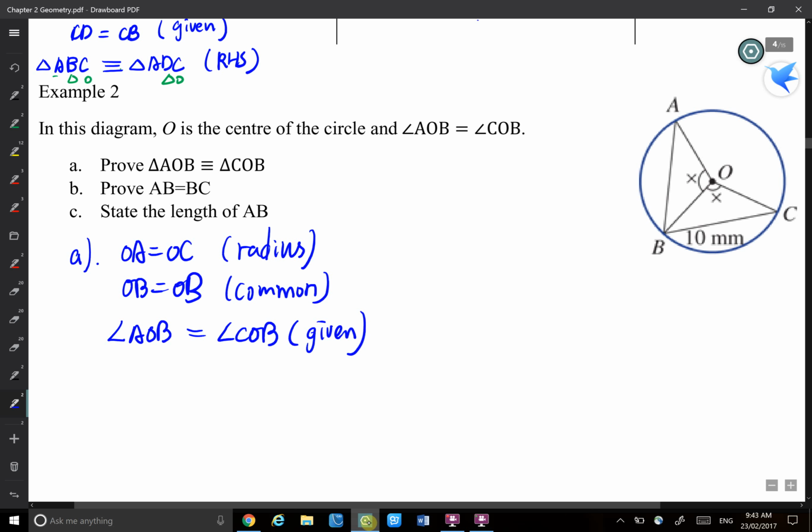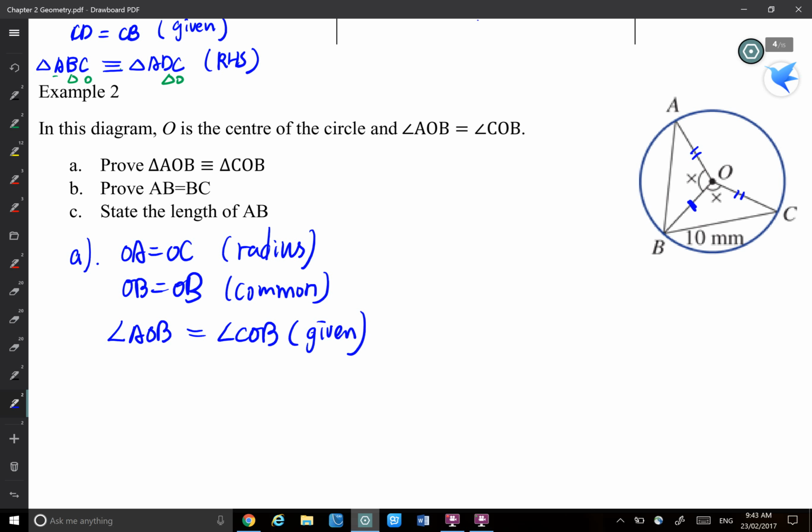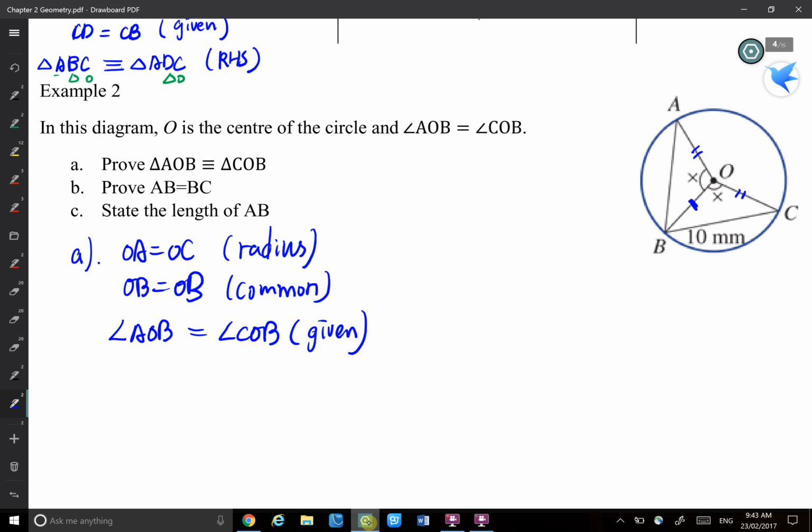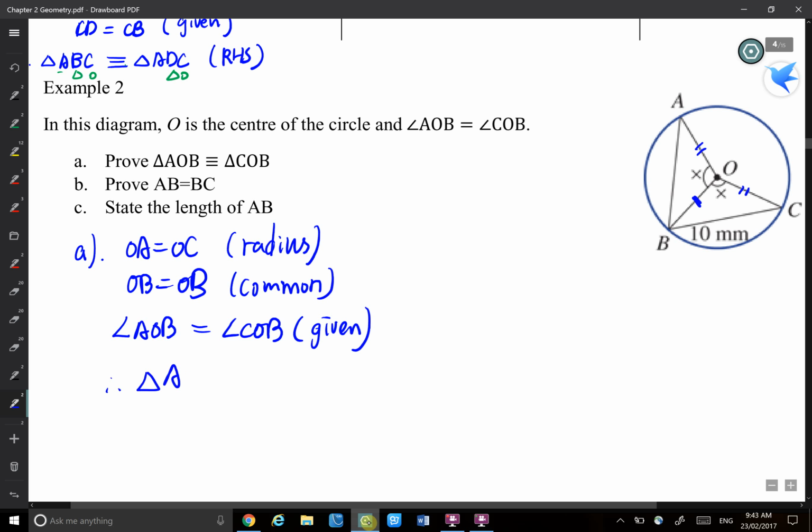Two sides are equal, this one equals this one and this one equals itself, and the angle is included, in between OA and OB, OB and OC. So therefore triangle AOB must be congruent to triangle COB by SAS. Side, angle, included side.